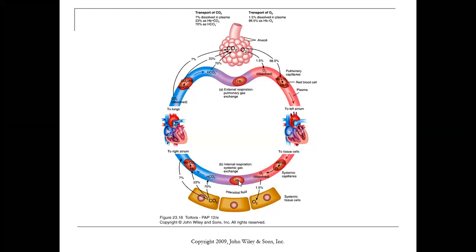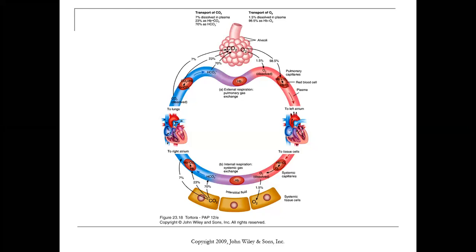So some amount of the carbon dioxide, actually 23% of the carbon dioxide, binds with that free hemoglobin to convert it from hemoglobin to carbaminohemoglobin. The rest of the carbon dioxide will move through the plasma in the form of bicarbonate ion.